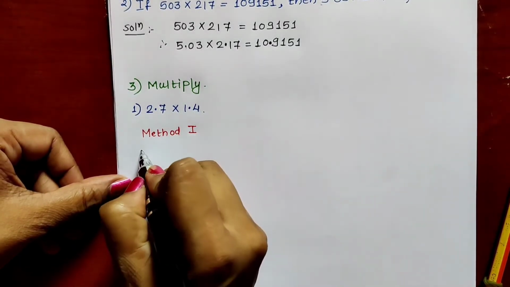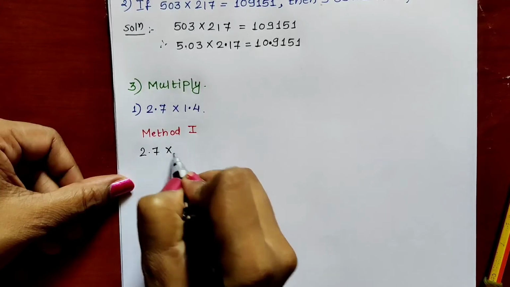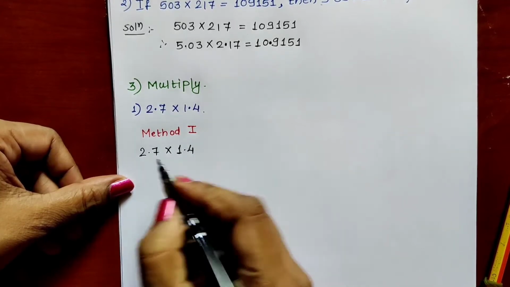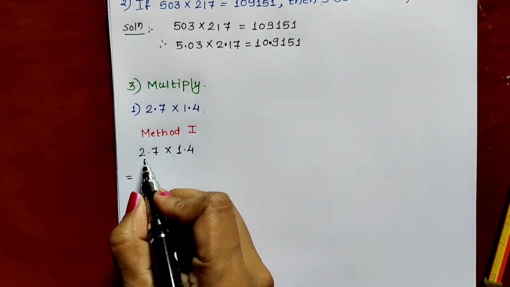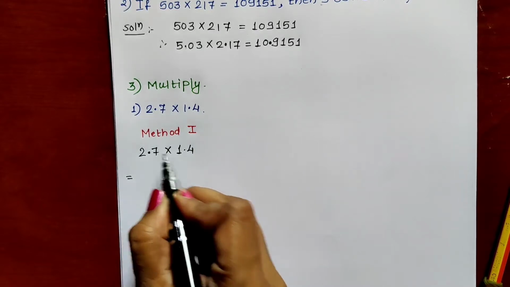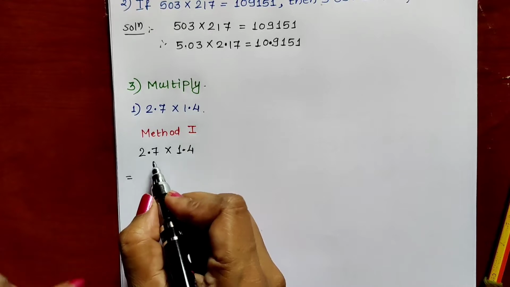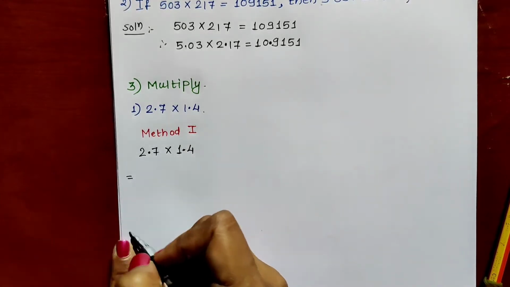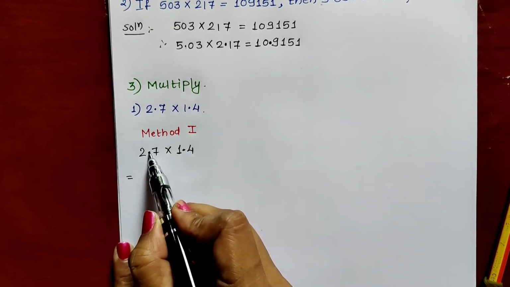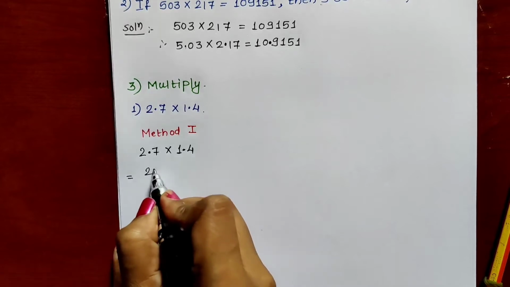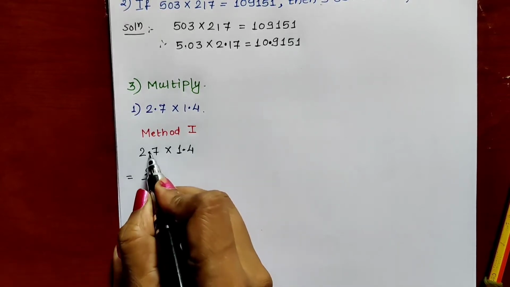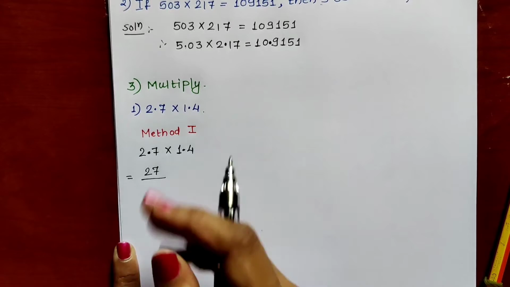Write the question once again. 2.7 multiplied by 1.4. Now see children, whenever there is decimal point, this is known as decimal fraction. When we want to convert this decimal fraction into common fraction, what we have to do? We remove this point, we write this 27, and after decimal point there is 1 digit on the right hand side.